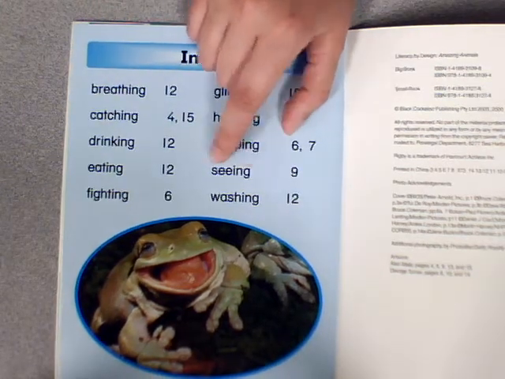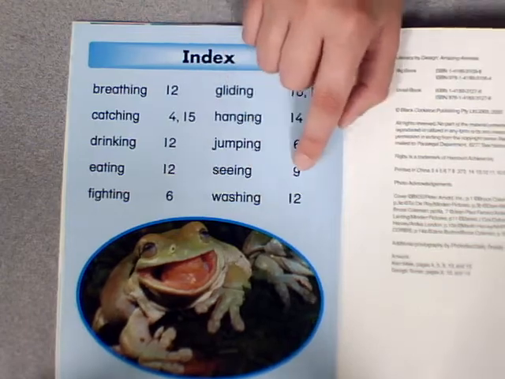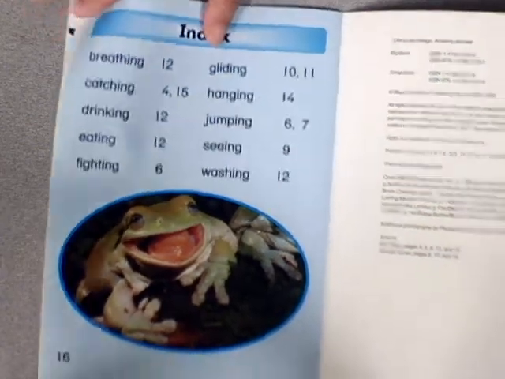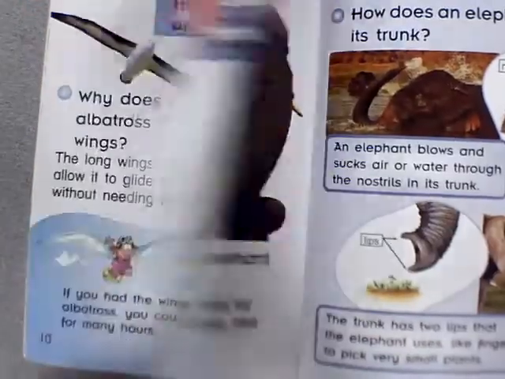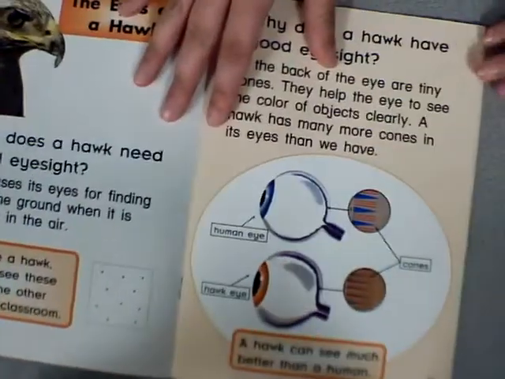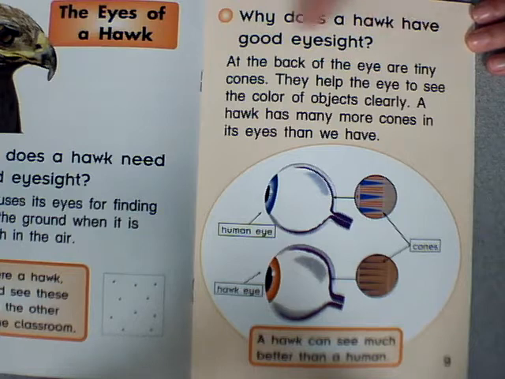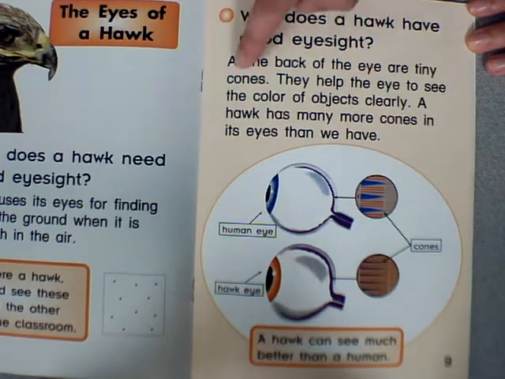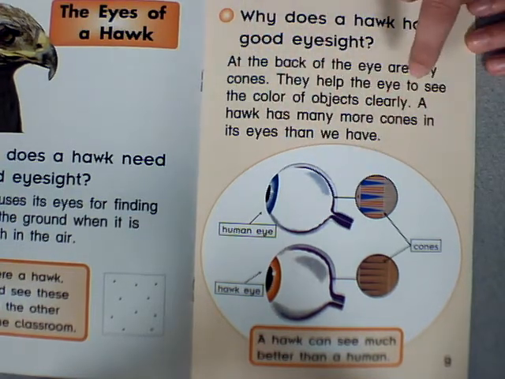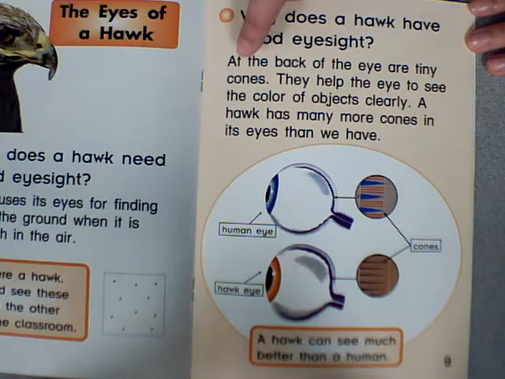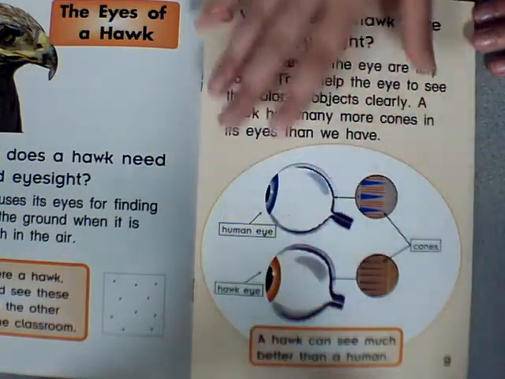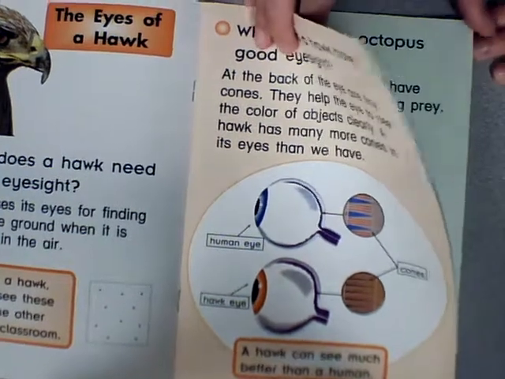If I wanted to find that word seeing and read more about that, I'm going to look on page 9. If I flip back to page 9, this page is going to talk about seeing. This says, why does a hawk have good eyesight? And it explains why a hawk has good eyesight here. And so this page has information about that word seeing, which is what I wanted to read more about.